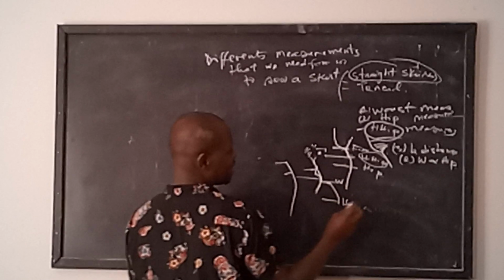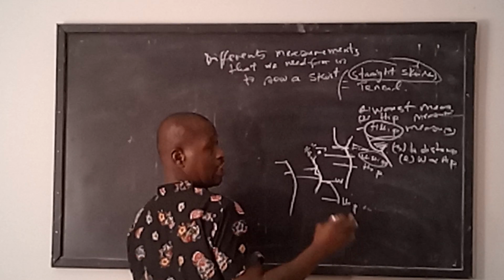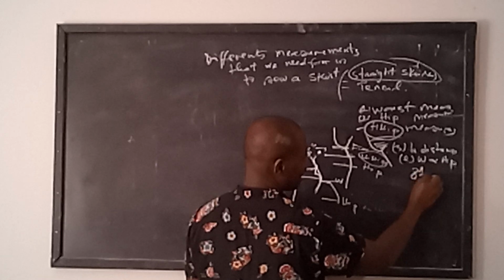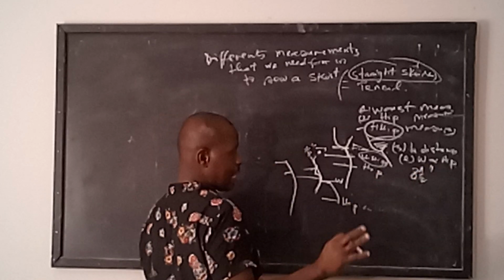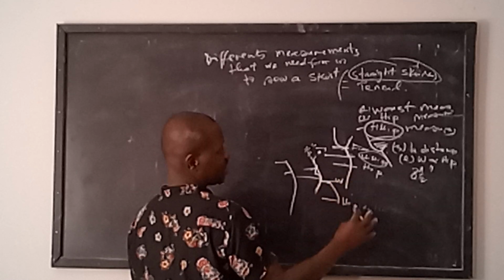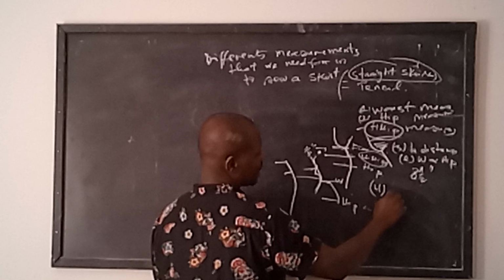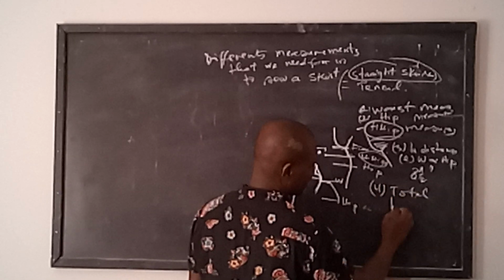Normally this distance is variable, but in most cases the standard measurement we use is 8.5 inches. And then the last measurement, the fourth one, we need is the total length.